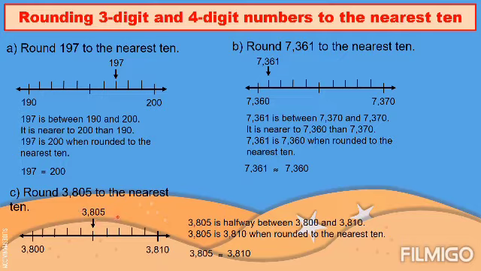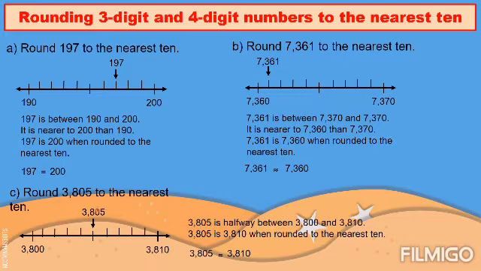So applying also, class, the technique, since our target here is the nearest 10, we have here the 10th digit is 0, so the nearest number is 5. 5 is a round up number, and therefore you will add 1 to your 0. So 0 plus 1 equals 1, as you see here.